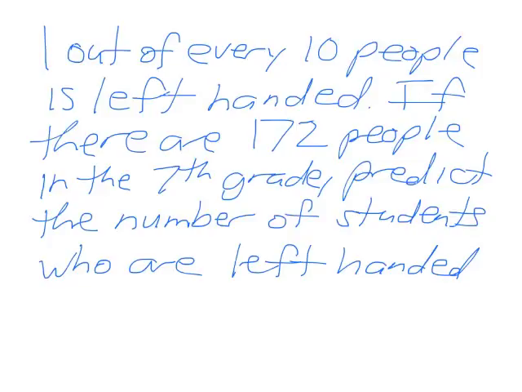So what should we do first here? Well, first we need to understand what's going on in this problem. We know 1 out of every 10 people is left-handed. We also know there are 172 people in the 7th grade. So that information is what we need to understand in order to proceed with this problem.